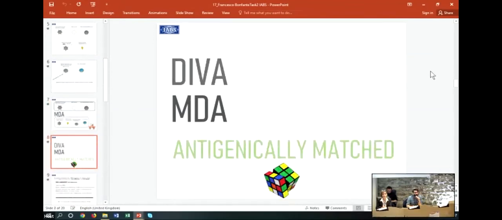So despite the multitude of technologies, these will probably all be available and licensed in a year or a year and a half. We will need to consider both DIVA and MDA compatibility, but also the antigenic match. We're all familiar with this concept, but we need more evidence, we need more research, because when we say that a traditionally whole inactivated virus vaccine had a poor antigenic match, we knew exactly what we were saying.